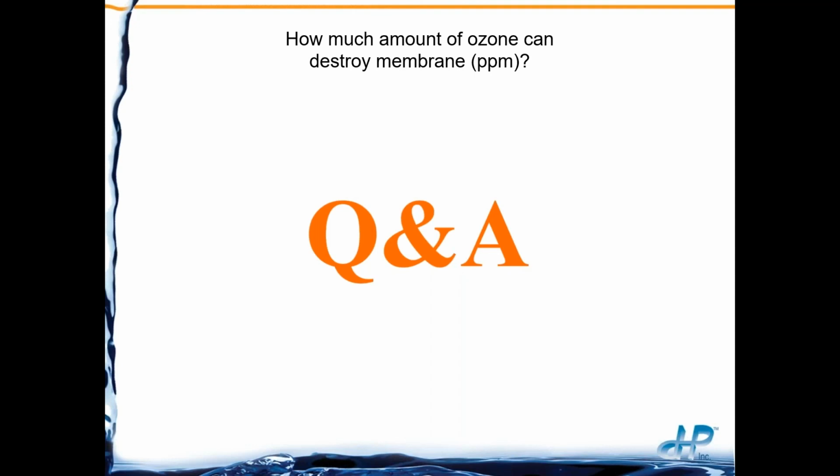I'll give you an example on chlorine. 1 part per million, manufacturers will say 1,000 part per million hours. If you have 1 part per million, it would have a doubling of salt passage after 1,000 hours of operation. Well, ozone is, like I say, a very strong oxidizer, so it's going to be very similar to the chlorine. I don't have an exact parts per million number to give you, but just be aware we don't want to have any oxidizer going in there. Next question.